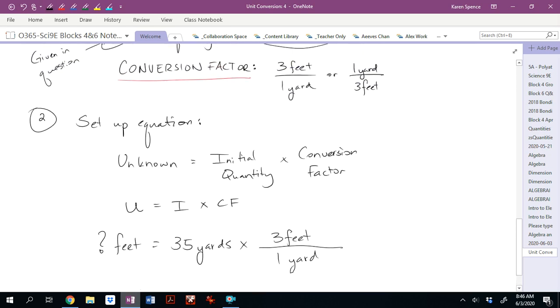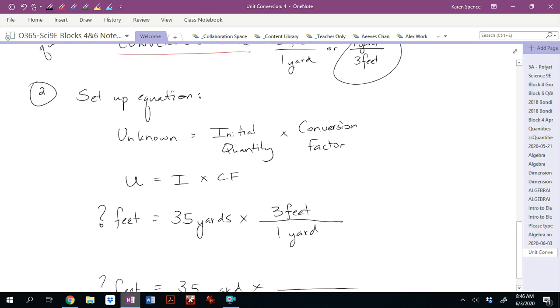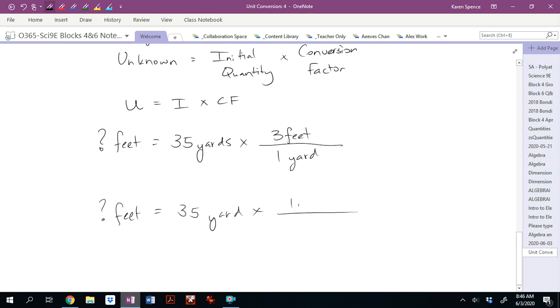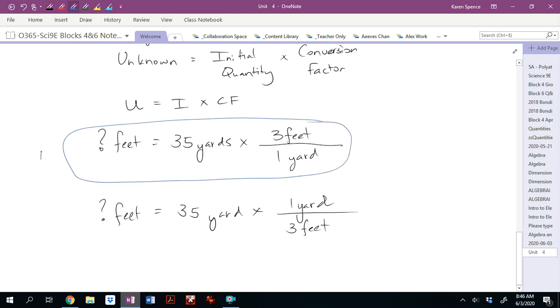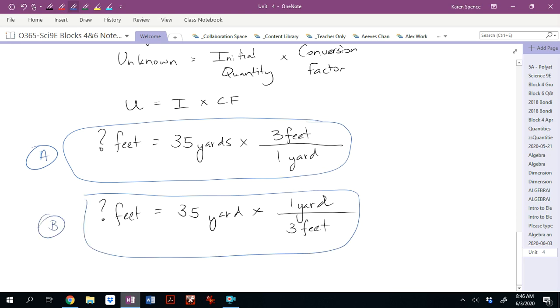And in this case, we're going to use the second conversion factor, 1 yard is equal to 3 feet. So you get to ask yourself now, am I going to use equation A or am I going to use equation B? Pause the video and decide for yourself, are we going to use A or B?